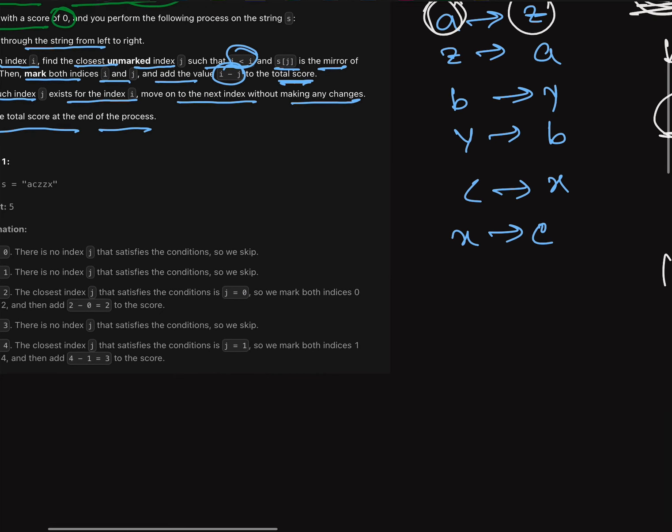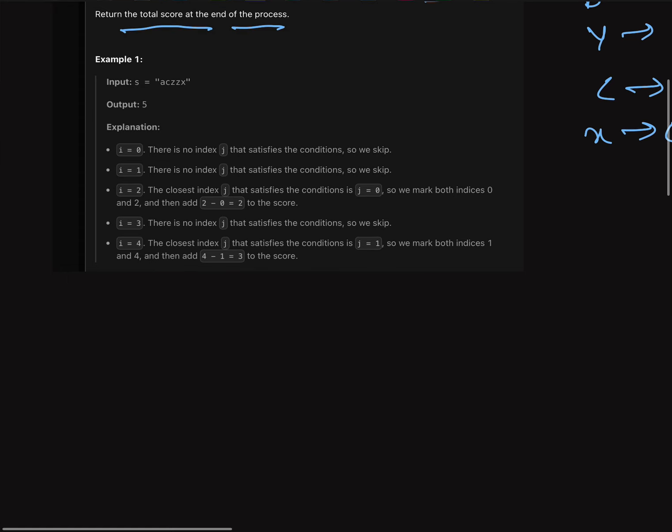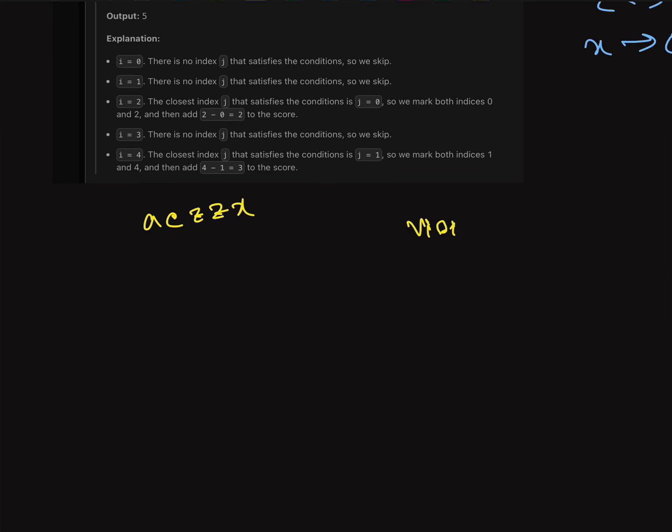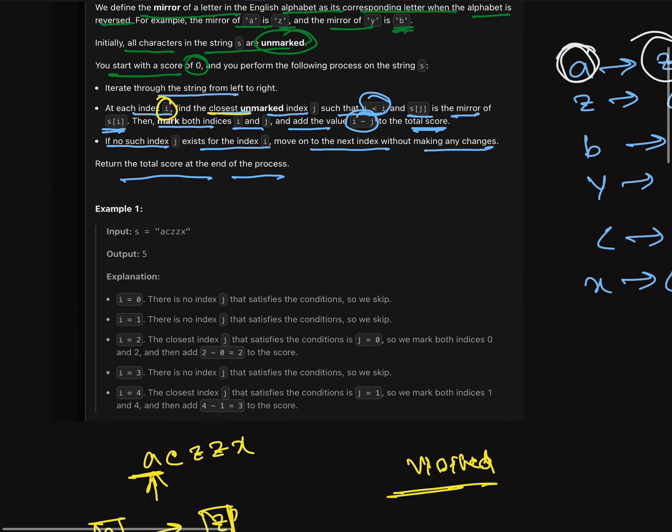Now what we have to do is perform this operation from left to right. Our string is A C Z Z X. Our visited stack is empty; we have not visited any index until now. First, the current character is A, so the mirror character will be Z. The problem says for each index i, find the closest unmarked index j such that j is less than i and s[j] is the mirror of the current character.